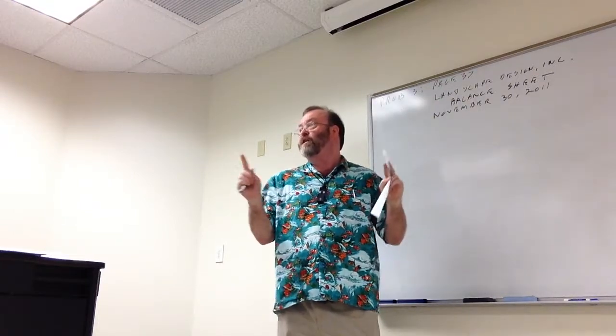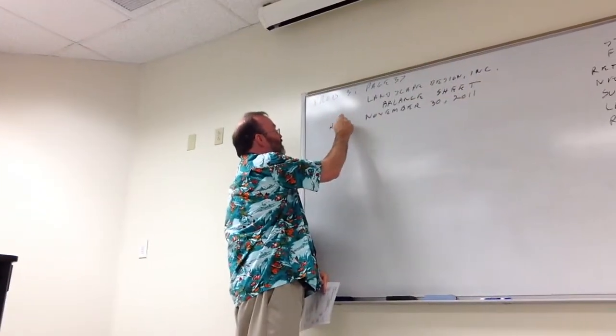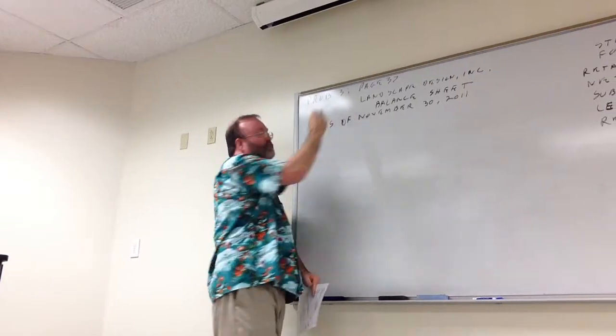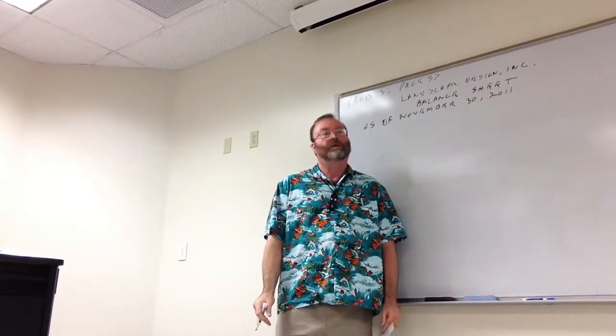For that reason, the three-line header does not say for the year ended. It just says the date. Sometimes you'll see it say as of, but just the date is acceptable. So basically this statement is made on that day.